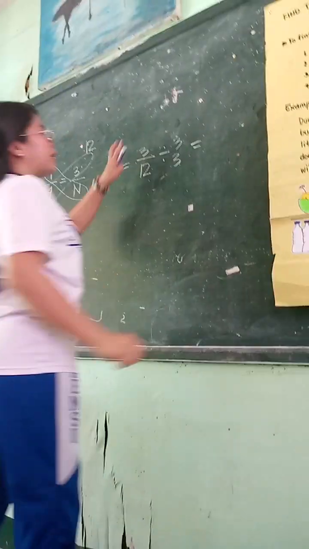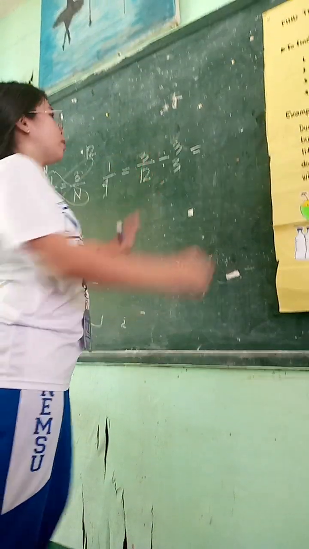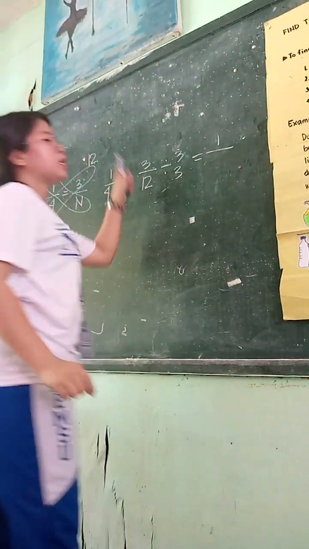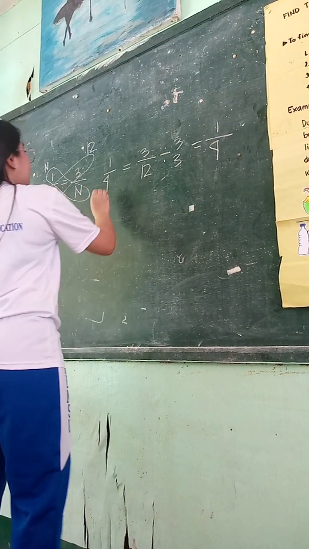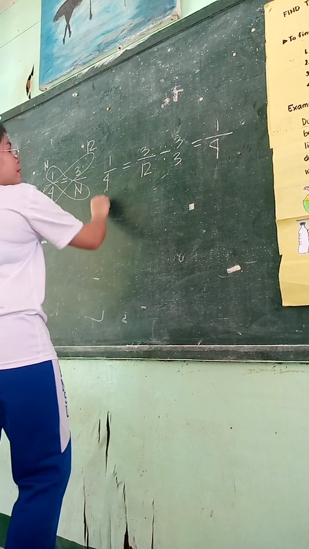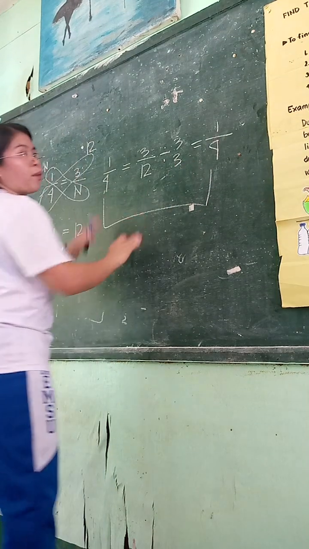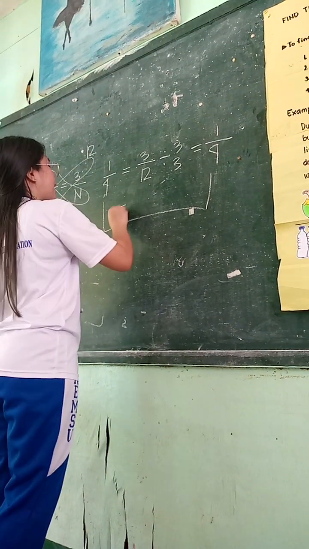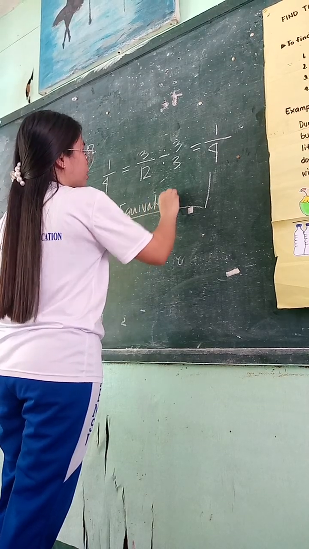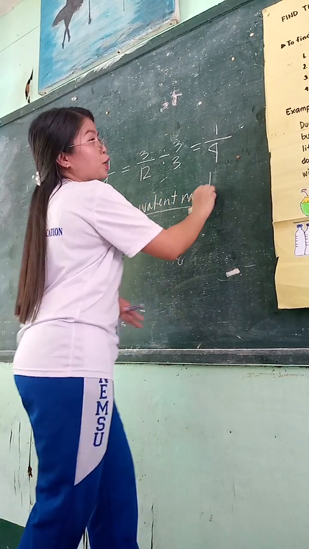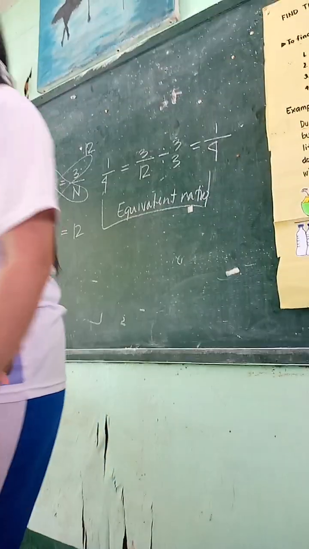So, 3 divided by 3, 1. So, 12 divided by 3, 4. So, this means that this equation is equivalent ratio. So, do you understand, class?